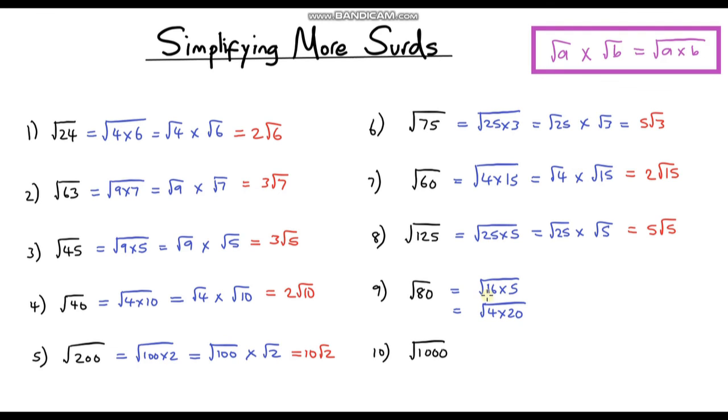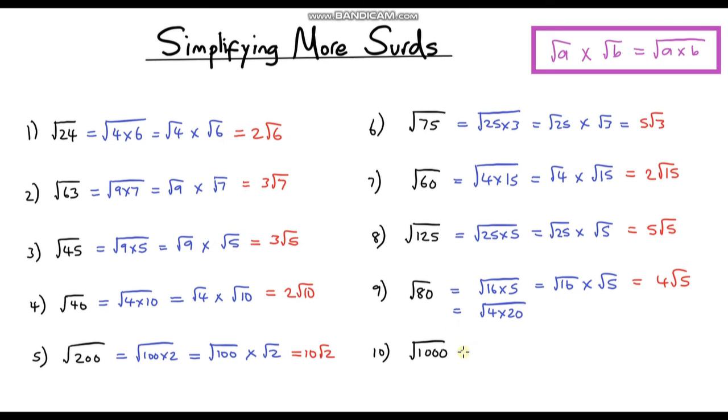They're both square numbers. Now I'm going to choose the top one. And I spoke about this in the previous video. Always choose the factor pair with the largest square number. It's just because it makes your life a lot easier. With this one, you will then have to simplify the square root of 20 after as well. So this one here is the one that I'm going to choose. So this now becomes the square root of 16 times the square root of 5. And the square root of 16 is 4. So this is 4 root 5.